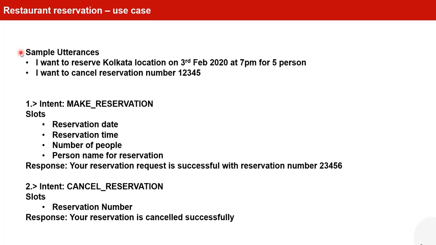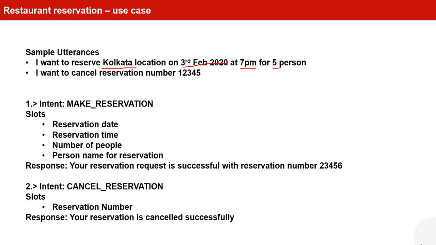So to do this, first we need to create the intents. The intents will be make reservation, and under this make reservation there will be slots, as you can see here. So this is the reservation date, this is the time, this is the number of people, and this is the location where you want to reserve the restaurant.